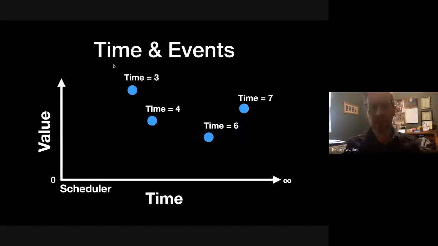If you think of events as a coordinate system, right, where we have time on the bottom axis going left to right, and values on the vertical axis, events are points, right? There's some value at time 3, there's some value at time 4, no value at time 5 in this particular event stream, value at time 6, and a value at time 7.